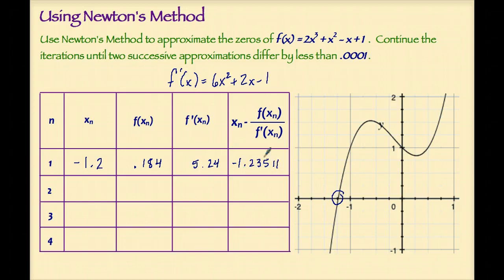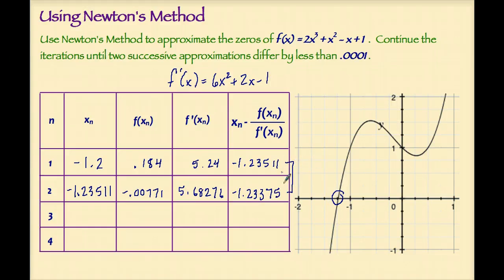We're going to use this approximation as our next x sub n, negative 1.23511. The function value there is negative 0.00771. The first derivative there, 5.68276. And then the second approximation is going to be negative 1.23375.